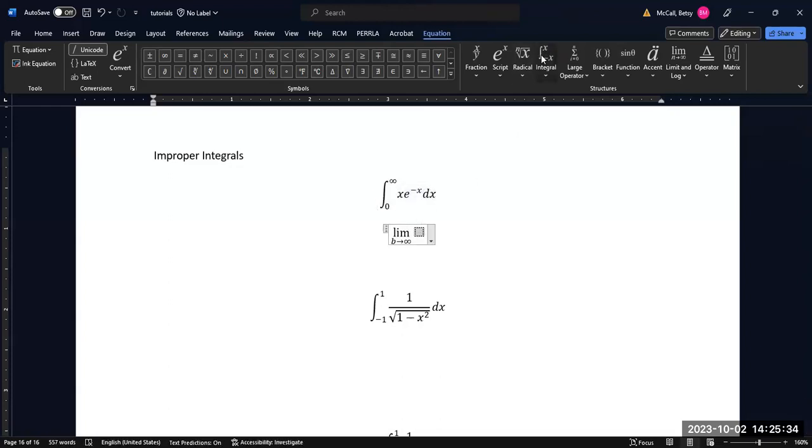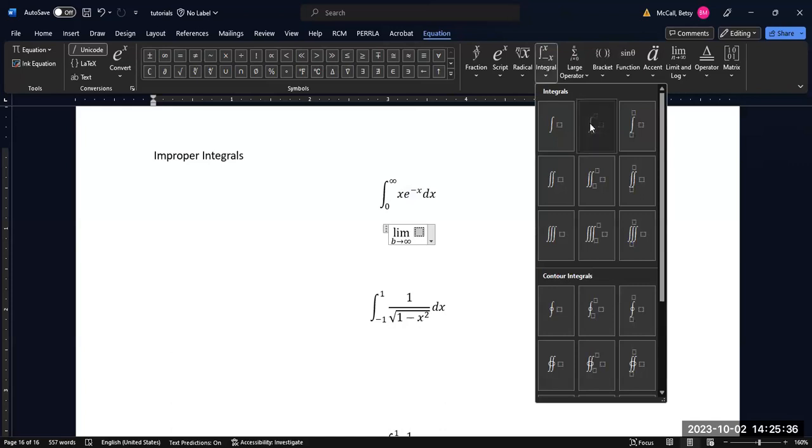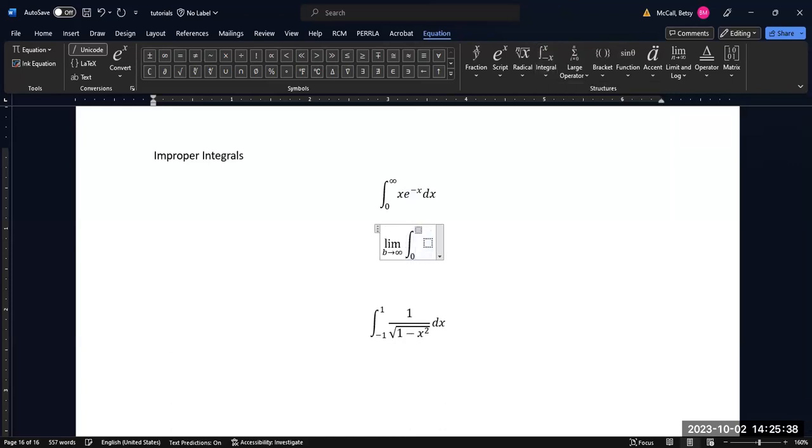Sometimes the copy and paste does not cooperate. Our limit is going to be replaced with a dummy variable, and then we're going to be able to complete the integration as normal. And then we'll worry about the infinity when we get to the end.